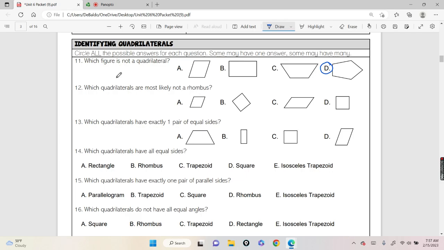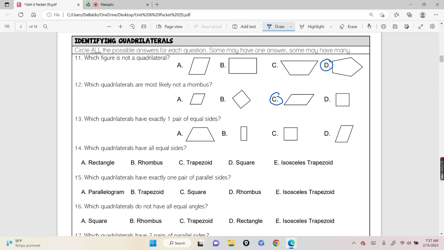So looking at A, B, C, and D, it looks like C is going to be our best option, because that's more of a parallelogram, and because it doesn't have all 4 sides equal. If you look, A, B, and D all have the same equal side lengths, but C does not. So we're going to choose C, the parallelogram.